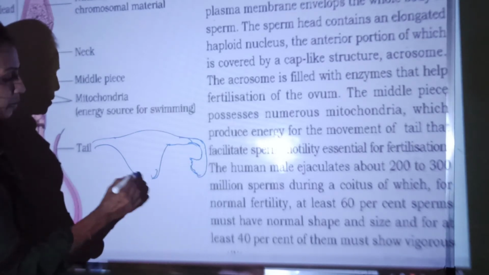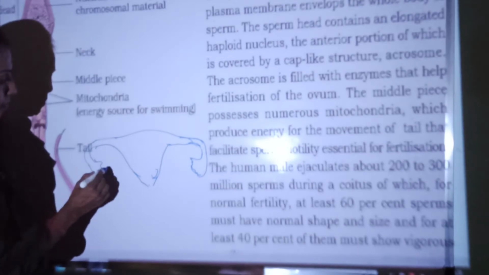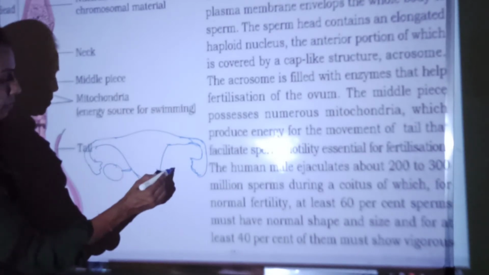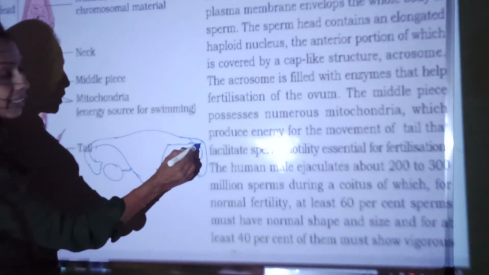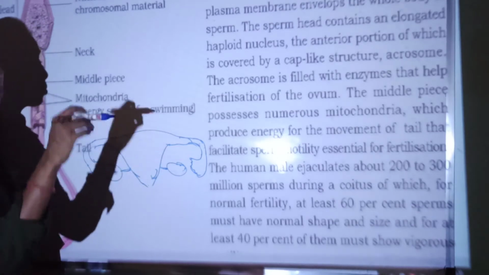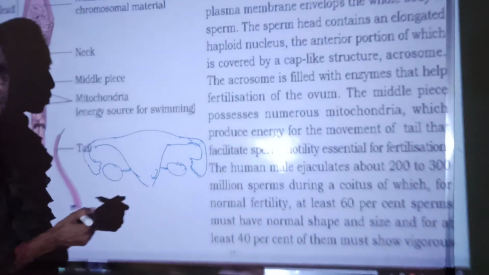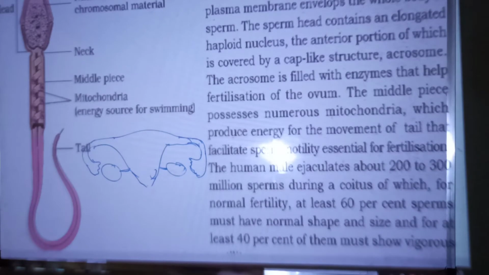Right? So the site of fertilization is in the fallopian tube of the oviduct, exactly in the ampulla region. So the sperms need to make their way to reach the fallopian tube for the fertilization.